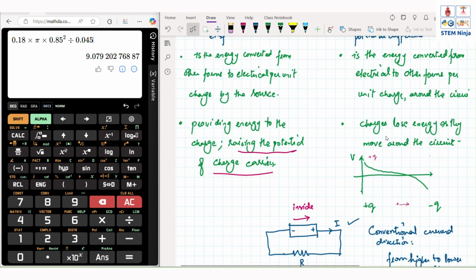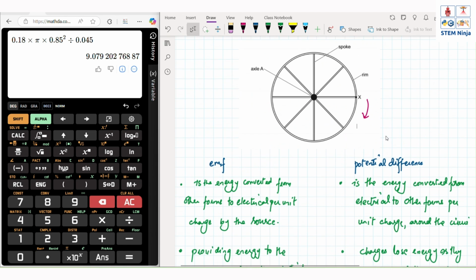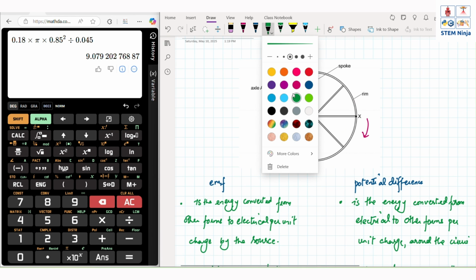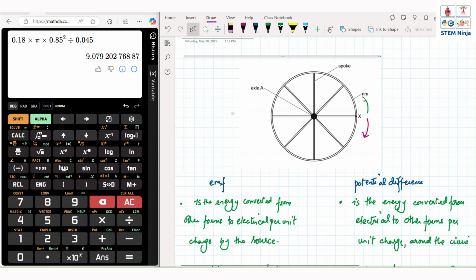So according to Lenz's law, the opposing force would be anti-clockwise. So this is the motion, this is the opposing motion. So the force would be this way over here. This we're good with. I hope everybody understands this.